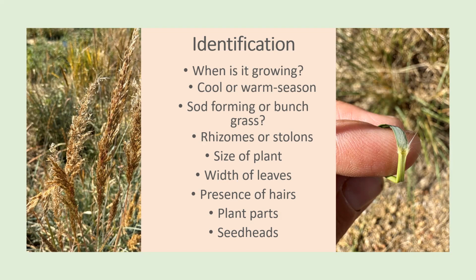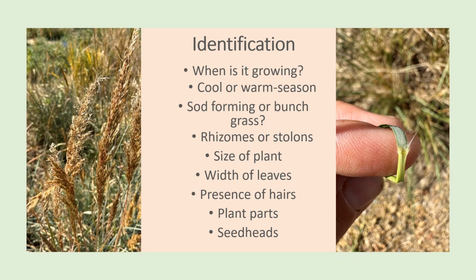The size of the plant matters; a lot of the publications available on grass ID will talk about the different sizes of the plant, so that can be useful. The width of the leaves is important, as is whether the leaf is rolled or folded or flat. The presence of hairs also matters. You can see the picture here on the right has a hairy ligule or hairy auricles, and grasses can also have hairy leaves.